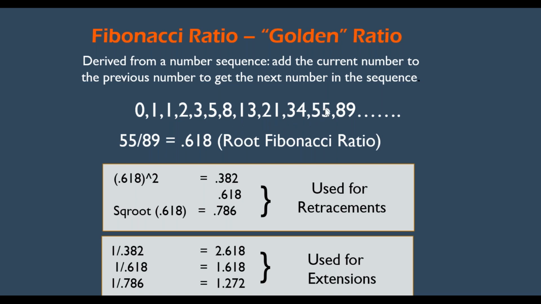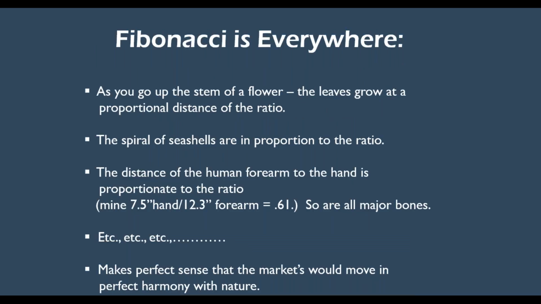If you divide any number by the next number, you'll get what they call the root Fibonacci ratio, 0.618. 0.618 is found throughout nature. The stems on a flower, the leaves grow at a proportional distance to that ratio. You can look at the spirals on a seashell, and they are proportional to the ratio.